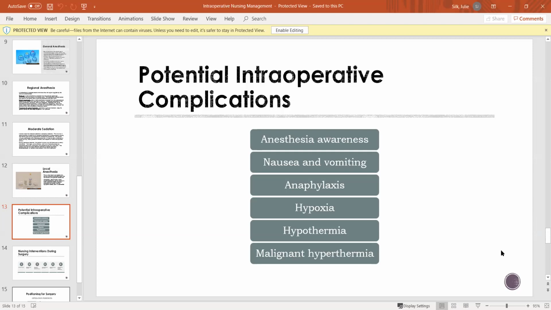Okay, malignant hyperthermia. Have you guys heard of that before? Anyone heard of that? I don't know if maybe Miss Kimes talked about it on pharm, because there's a medication that you give specifically for this.